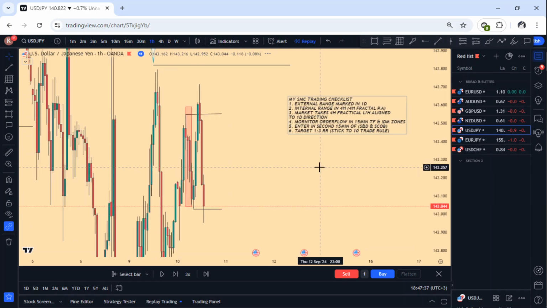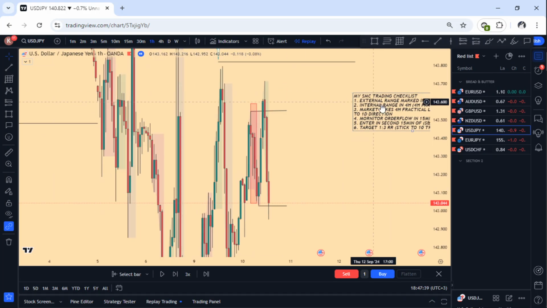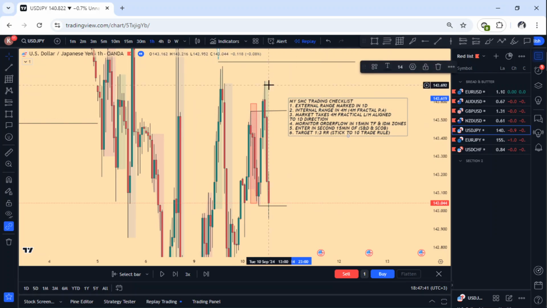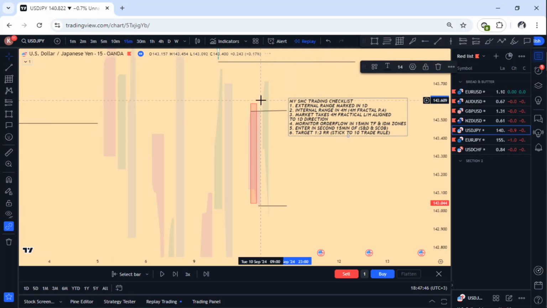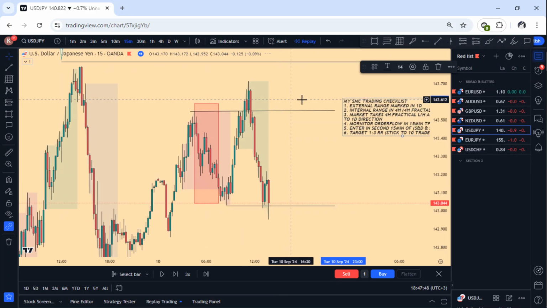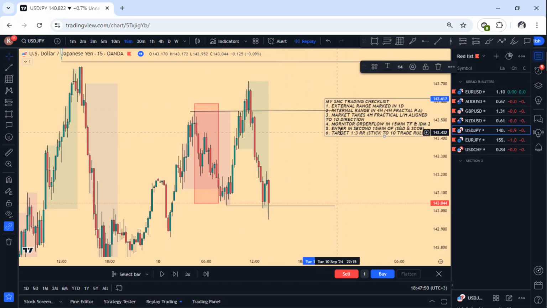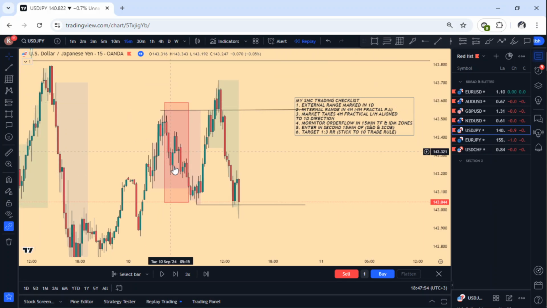Like I said, you could also take it from above here, but just know that you will have disobeyed a very simple rule here: enter on the second break in 15 minutes, because we don't have a second break. This was IDM being taken here and a break of structure up.